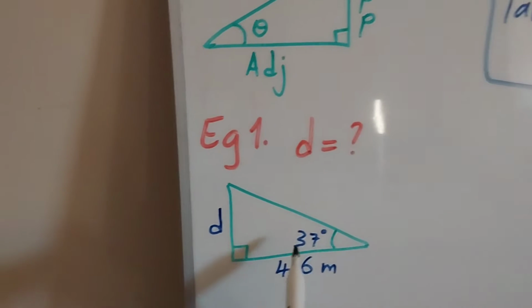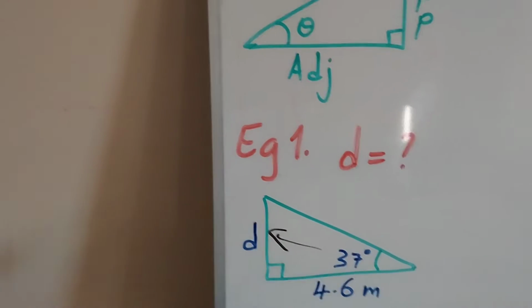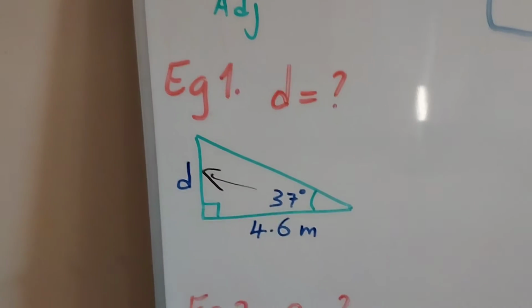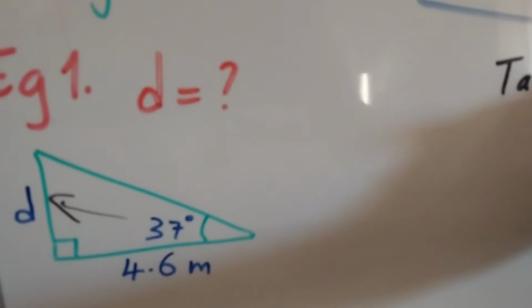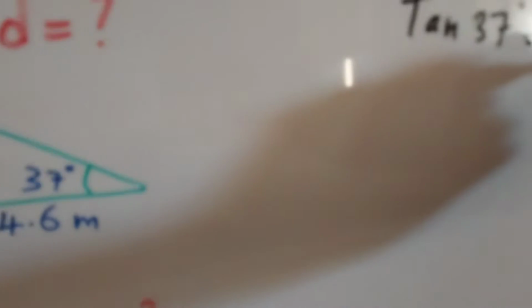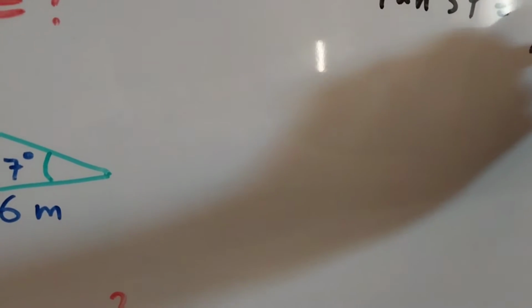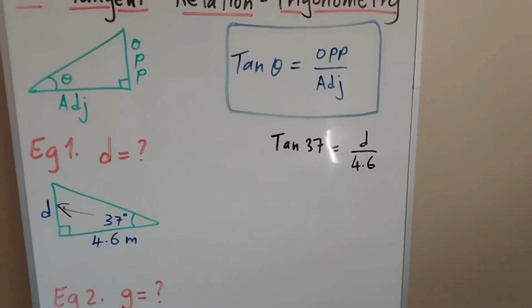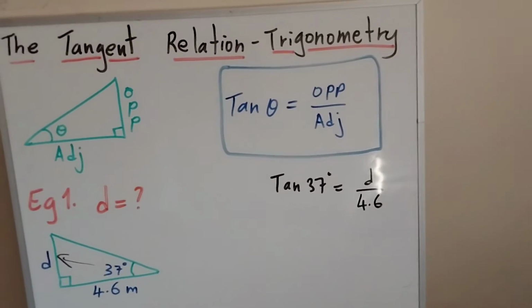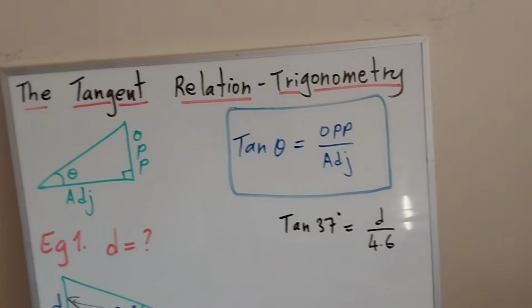Which side is the opposite? That is the opposite side, D, and this one over here is the adjacent side. So it would be equal to D divided by the adjacent, which is 4.6. Now we can swap the right hand side and the left hand side.